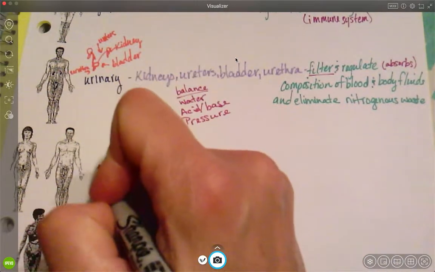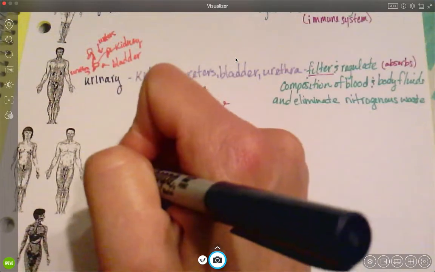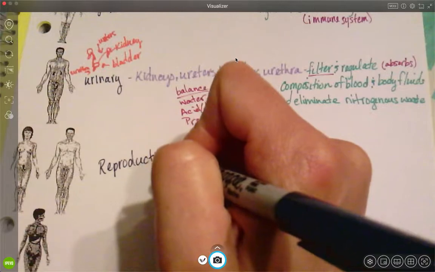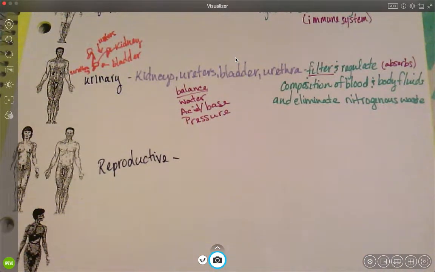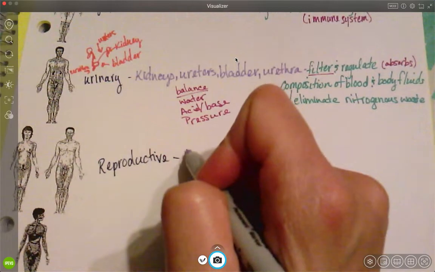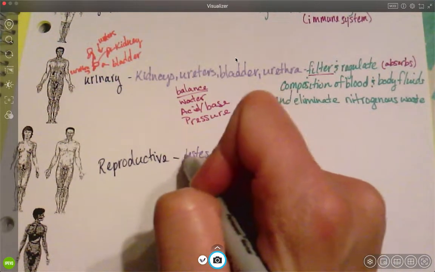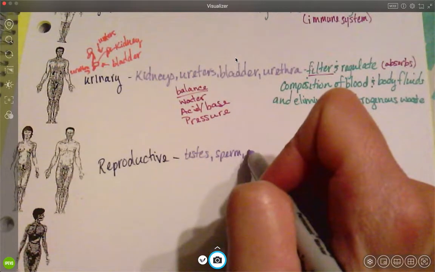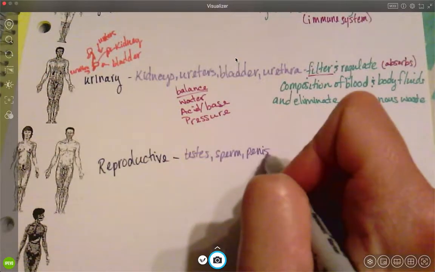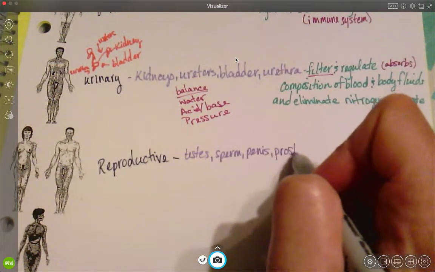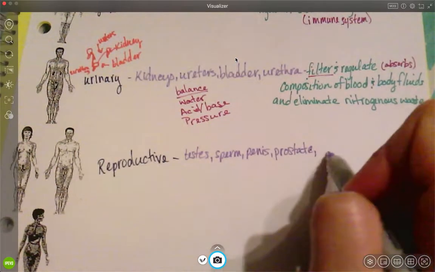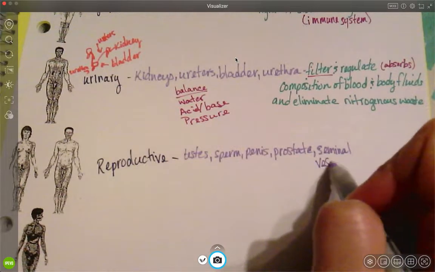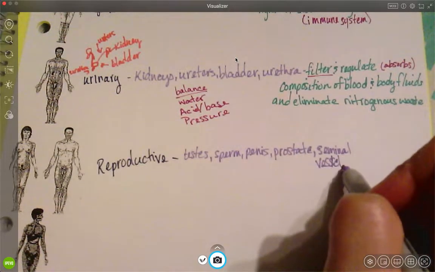Next one is the reproductive system. Reproductive. So in a male, we are looking at the testes, we are looking at the sperm, we are looking at the penis, the prostate, and the seminal vesicles.